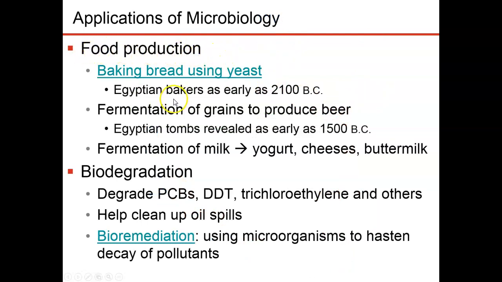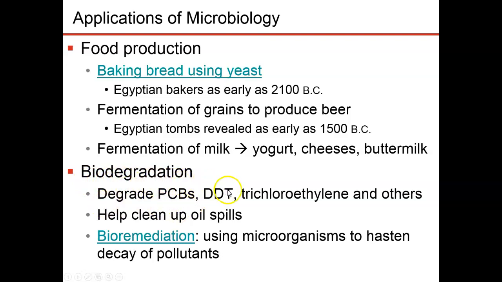Microbes are also used in producing foods. So we use yeast to produce bread. We use yeast to produce beers. We ferment milk into cheeses or yogurts. We use microbes for biodegradation.